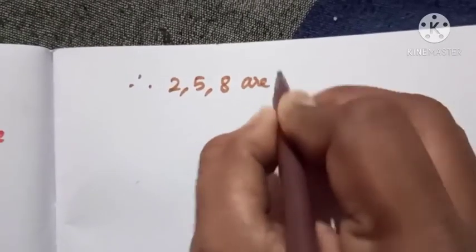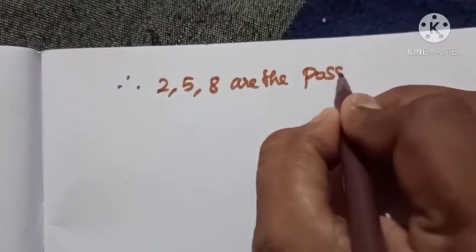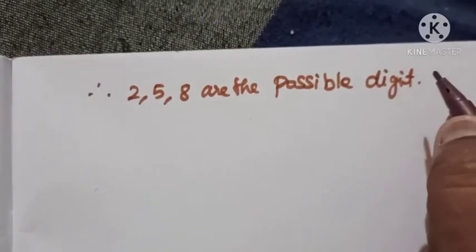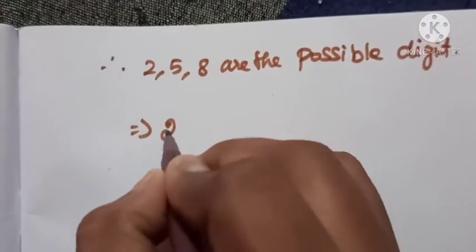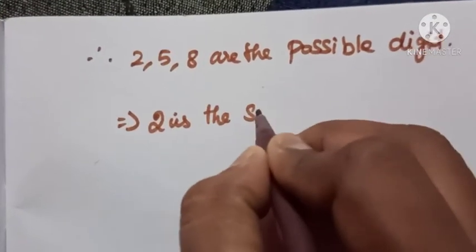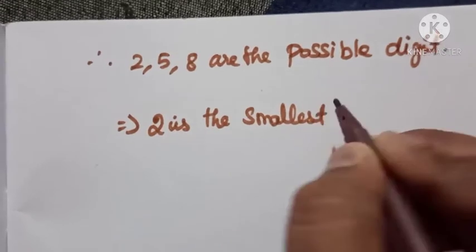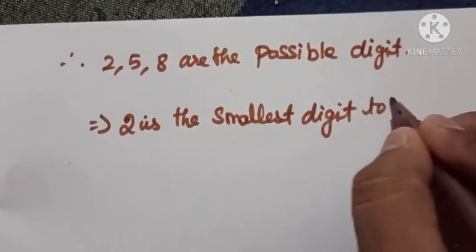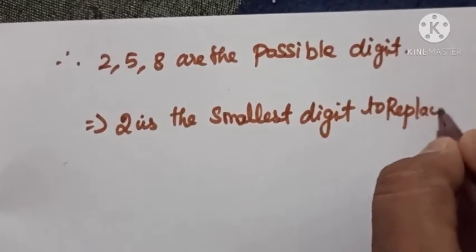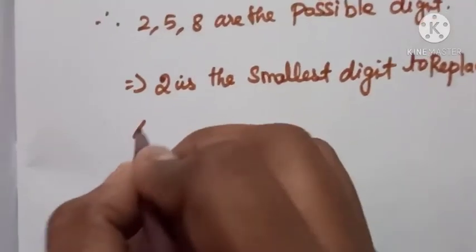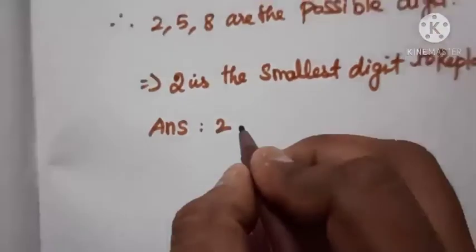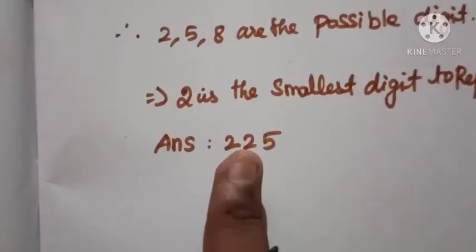Therefore 2, 5, 8 are the possible digits, which implies that 2 is the smallest digit to replace ash. So the answer is 225.